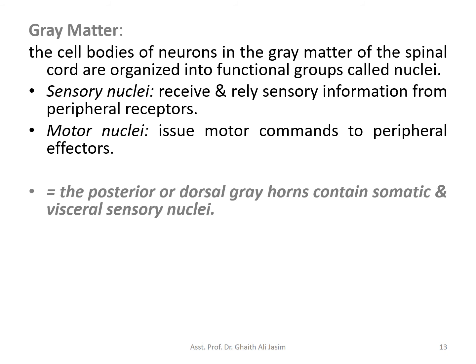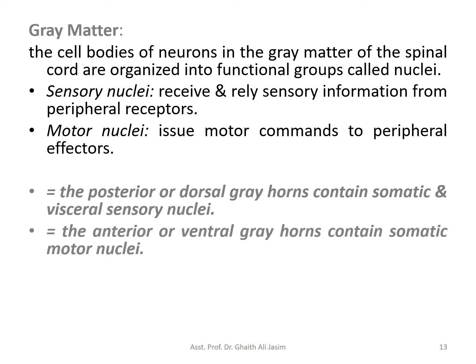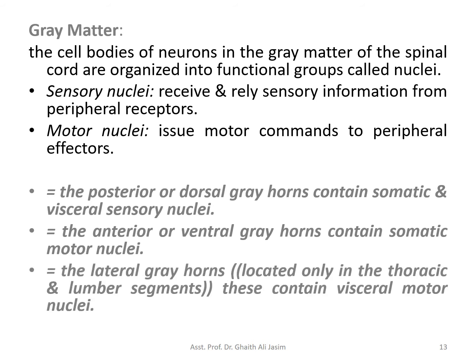The posterior or dorsal gray horns contain somatic and visceral sensory nuclei, while the anterior or ventral gray horns contain somatic motor nuclei, and the lateral gray horn, located only in the thoracic and lumbar segments, contains visceral motor nuclei.